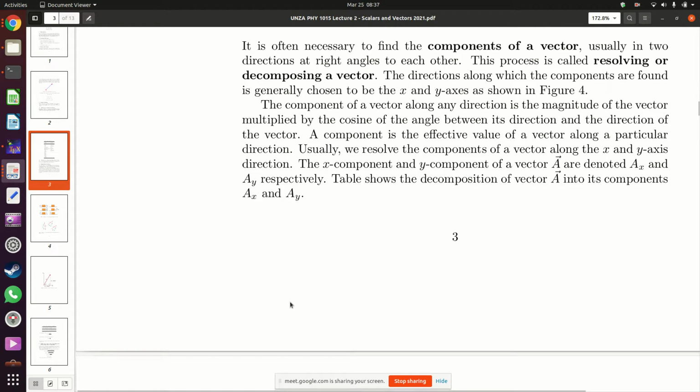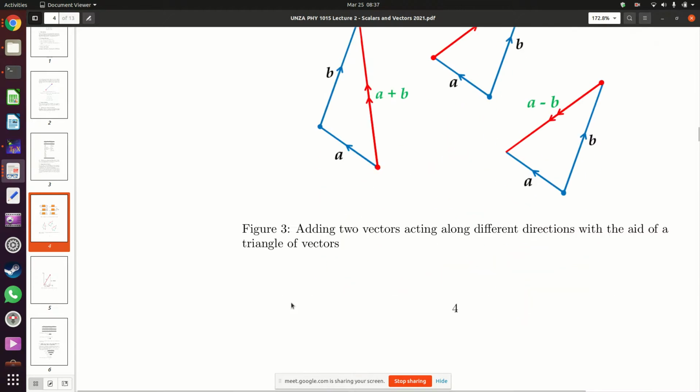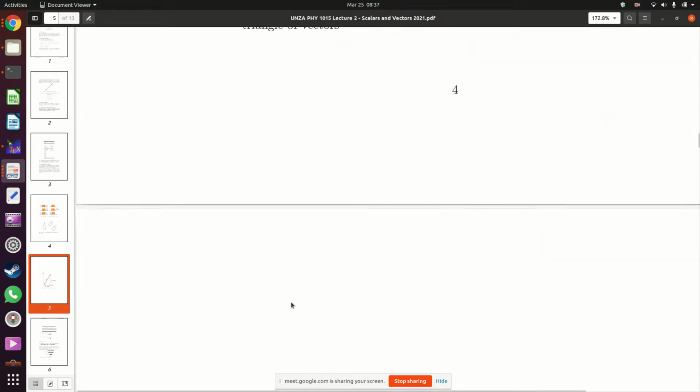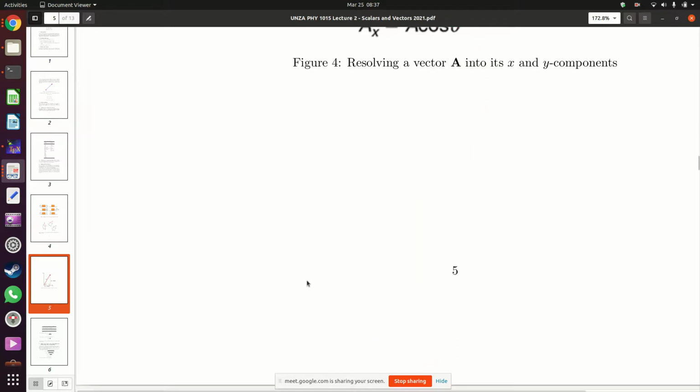That's why components are interesting to us, because after we have found the components for each and every vector, we can simply add the x components together or subtract them. The y components, we add them together or subtract them. Then we find the size of the components along the x direction and along the y direction.